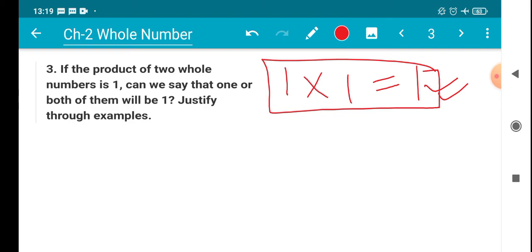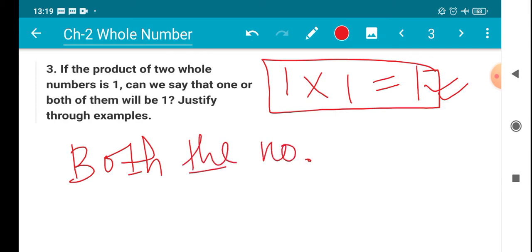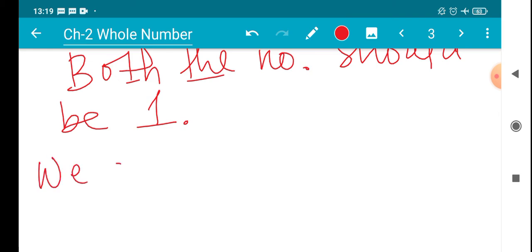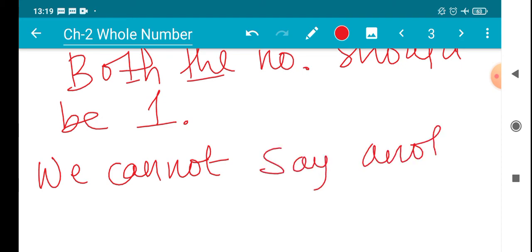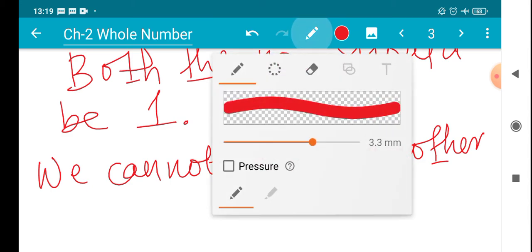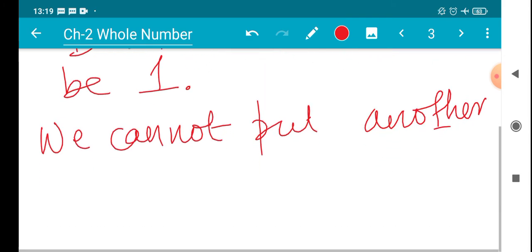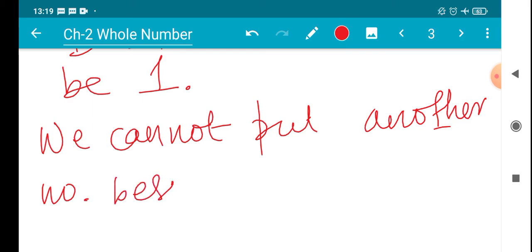So in this question, we can say that both the numbers should be 1. We cannot put another number beside 1.